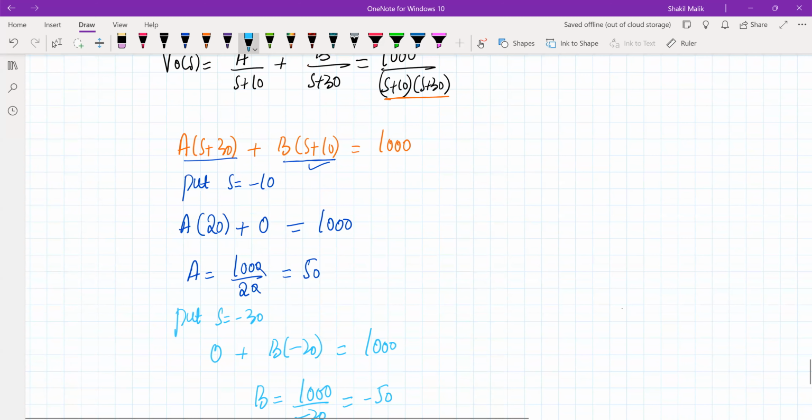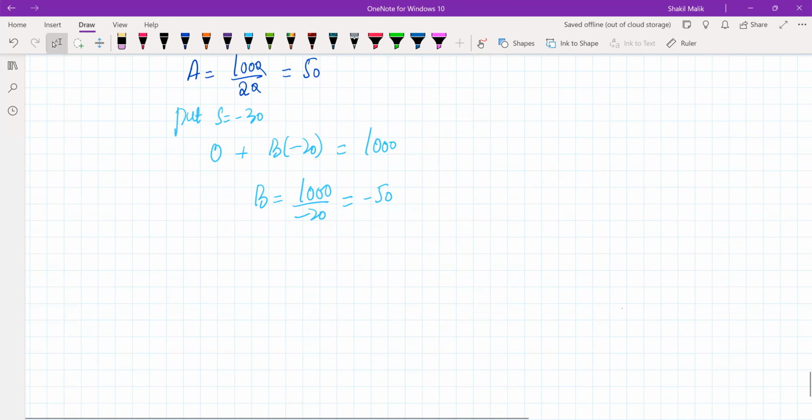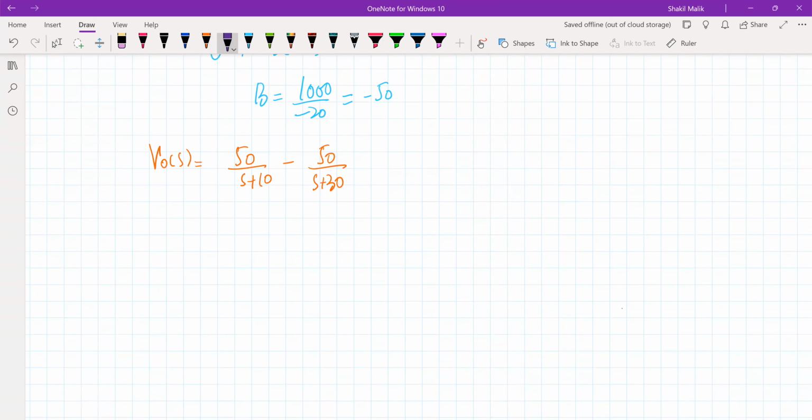Now substituting the values here, we'll get v naught of s. So v naught of s is simply 50 divided by s plus 10 minus 50 divided by s plus 30. Now taking the inverse Laplace transform, we know the inverse Laplace transform of 1 by s plus 10 is e to the power of minus 10 t u of t, and of 1 by s plus 30 is e to the power of minus 30 t u of t.